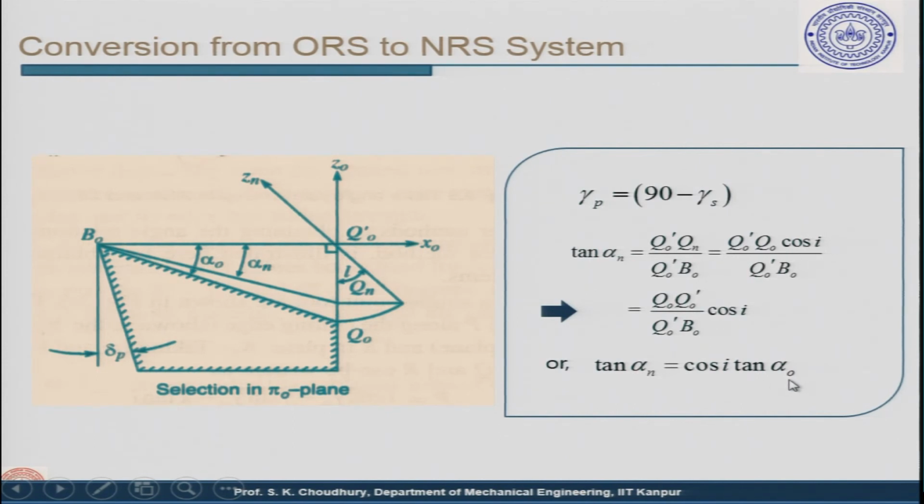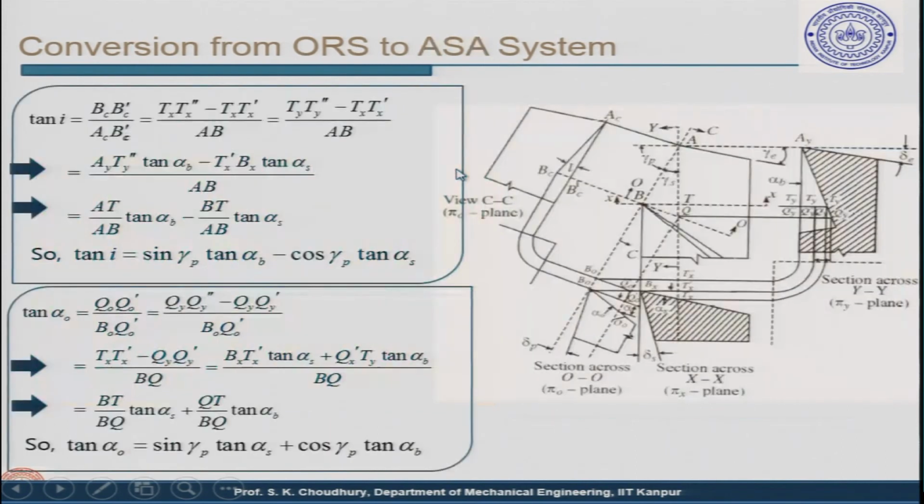Okay. So, this equation relates the orthogonal rake system with the normal rake system. As you understand, I once again tell you that this looks a little complicated, but in one view we have actually shown the sectional views and the projected views of both the systems, ORS and the ASA.